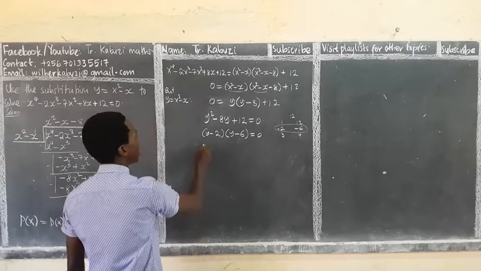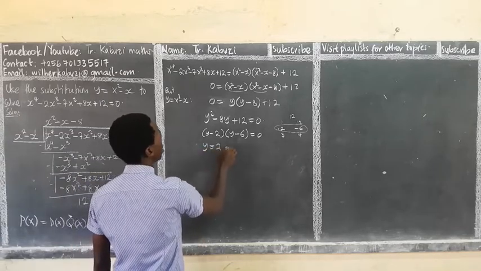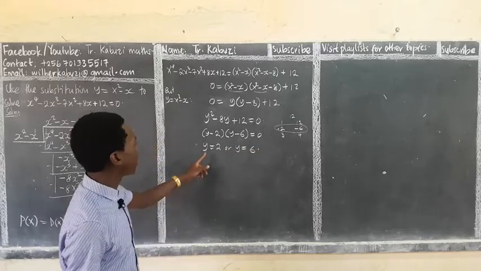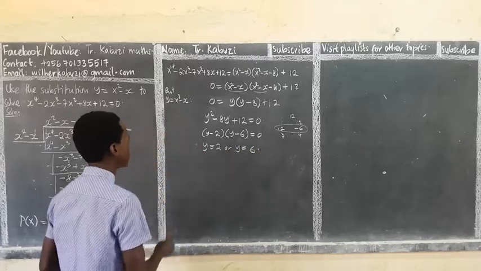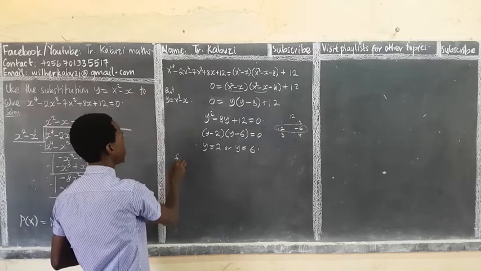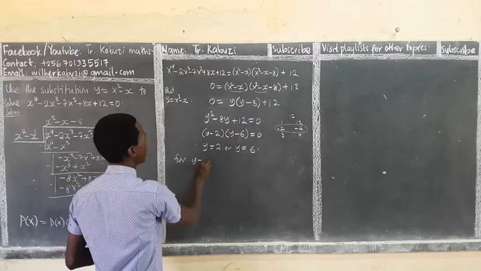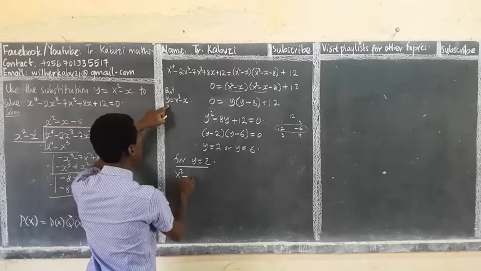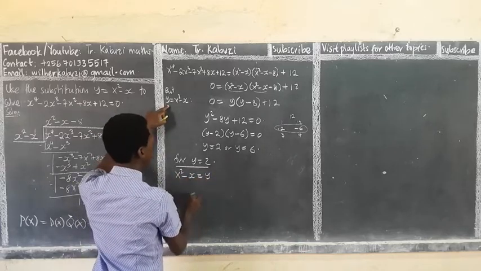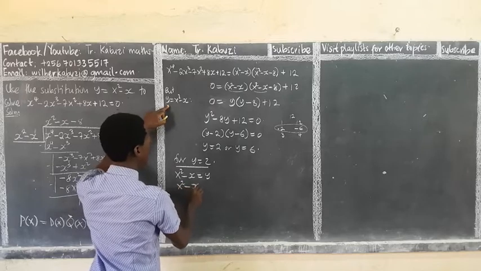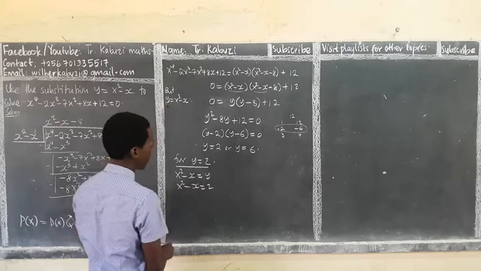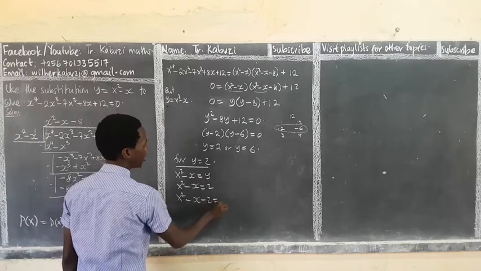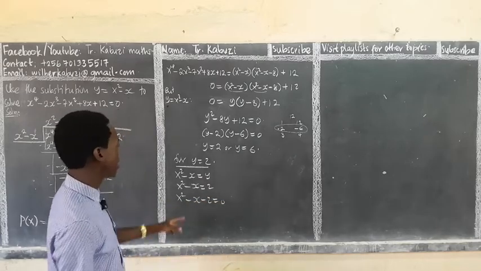Now it's that either my y will be 2 or my y will be 6. But remember, this y is equaling to x squared minus x, so we start one by one. For y equaling 2, I will be having x squared minus x is equaling to y. So x squared minus x is equaling to 2. So now x squared minus x minus 2 is equaling to 0. Then we factorize this.